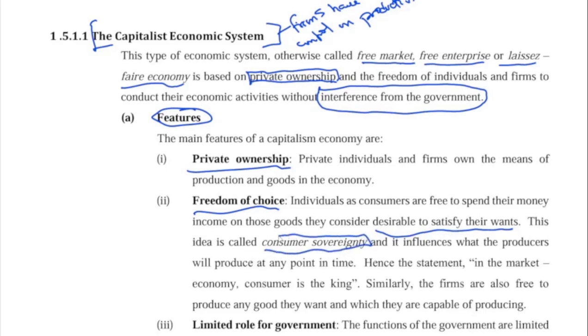Consumer sovereignty means I am free to spend my money on whatever I want. This influences what the producers will produce at any point, because they can ask what people are spending money on. All right, so that's freedom of choice.